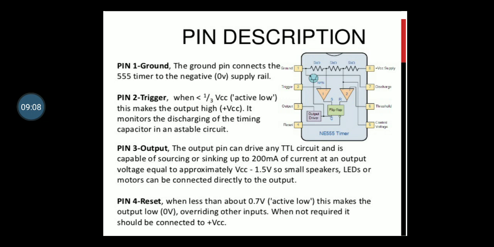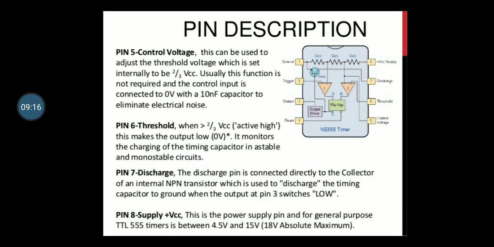Pin 4, reset. When less than 0.7 volt, this makes the output low. Next one is pin 5, control voltage. This can be used to adjust the threshold voltage, which is internally set to be 2 by 3 VCC. Pin 6, threshold. When greater than 2 by 3 VCC, this makes the output low.